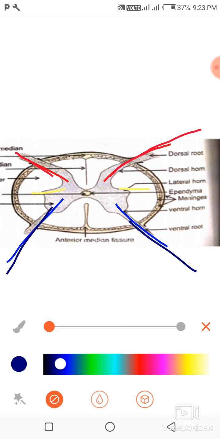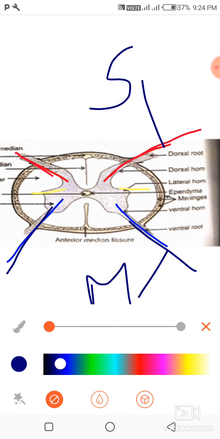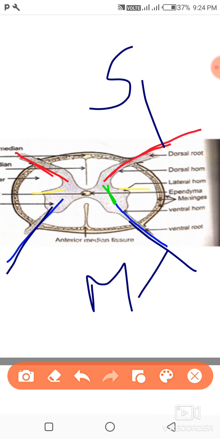The dorsal root contains sensory neuron, while the ventral root contains motor neuron. Within the grey matter there will be an interneuron. So now we have sensory neuron, interneuron and motor neuron. Remember that sensory neuron is present in the dorsal root of spinal cord, while motor neuron is present in the ventral root of spinal cord.